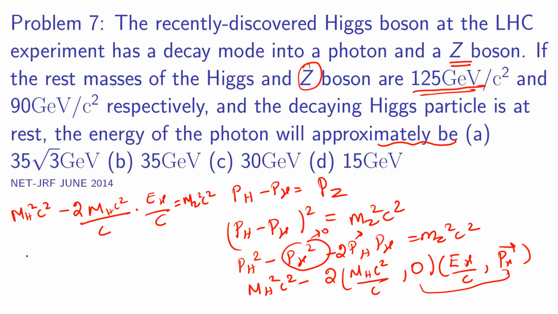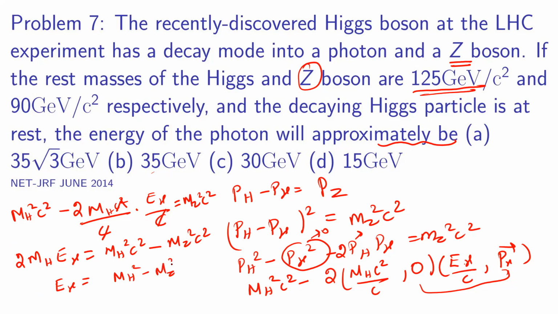So you see that 2mh E gamma is equal to mh square c square minus mz square c square, or E gamma is equal to mh square minus mz square c square divided by 2mh.